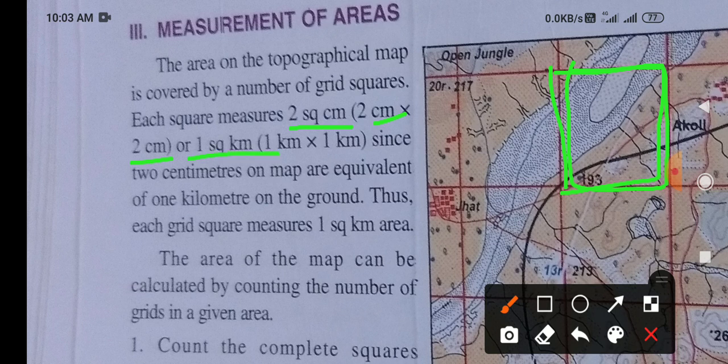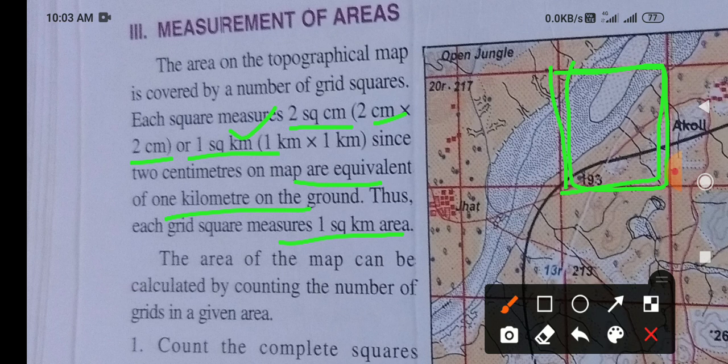As per our normal scale, 2 centimeter equals 1 kilometer, so it becomes a 1 square kilometer area, or 1 kilometer into 1 kilometer area. Since 2 centimeter on the map are equivalent to 1 kilometer on the ground, each grid square measures 1 square kilometer area.